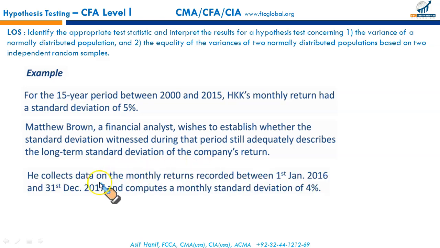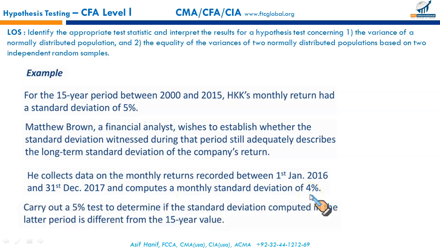He collects data on the monthly returns recorded between 1st of Jan 2016 to 31st of December 2017, basically 24 months, and computes a monthly standard deviation of 4%. Now we have to carry out a 5% test to determine if the standard deviation computed in the latter period is different from the 15 years value.